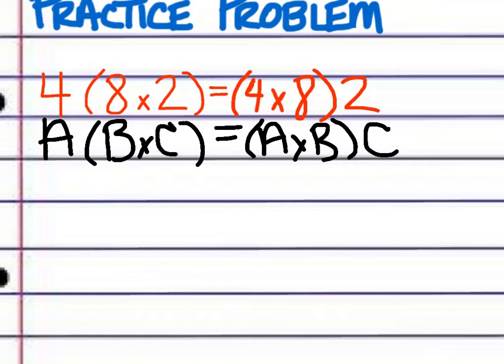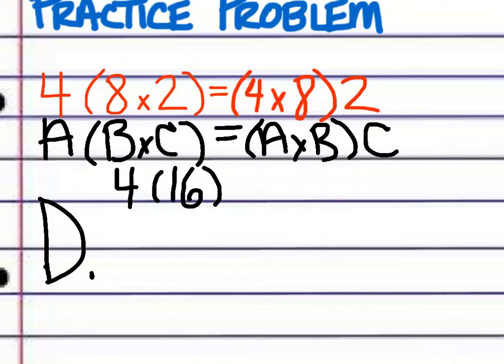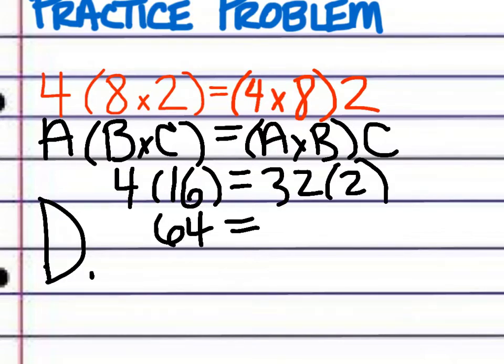So that is letter D on your handout. Okay, and if we worked this out, it would be 4 times 16 is equal to 32 times 2. And on both sides, it should give you 64.